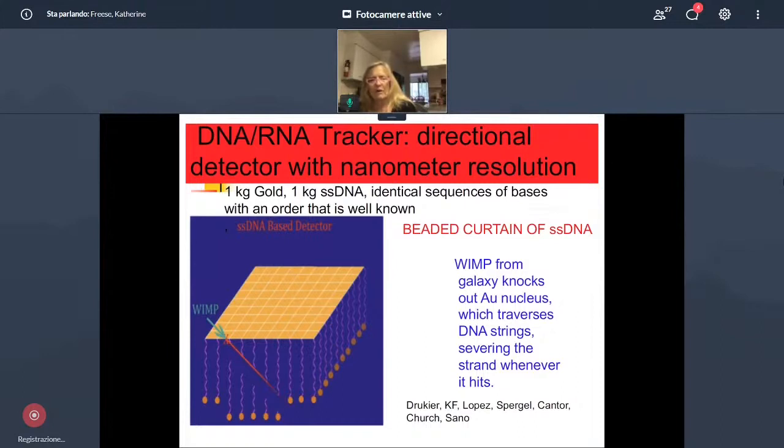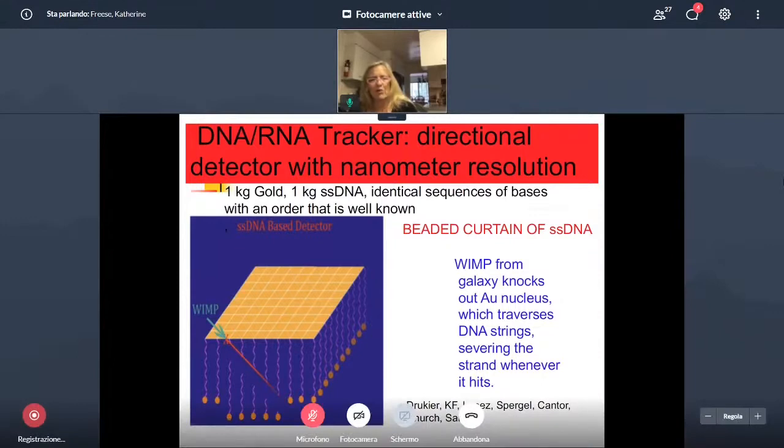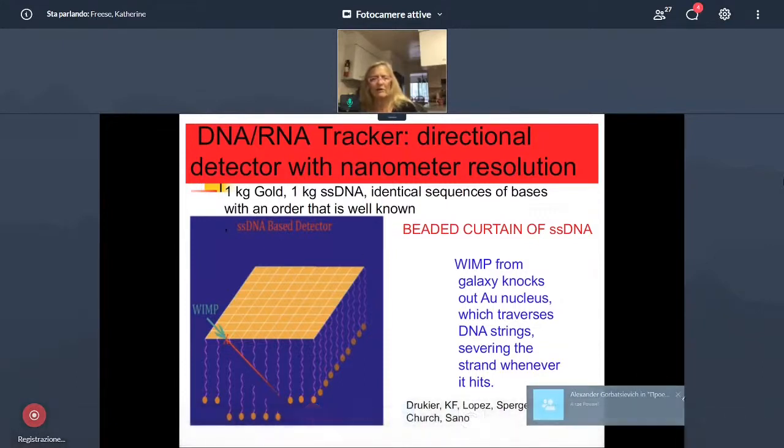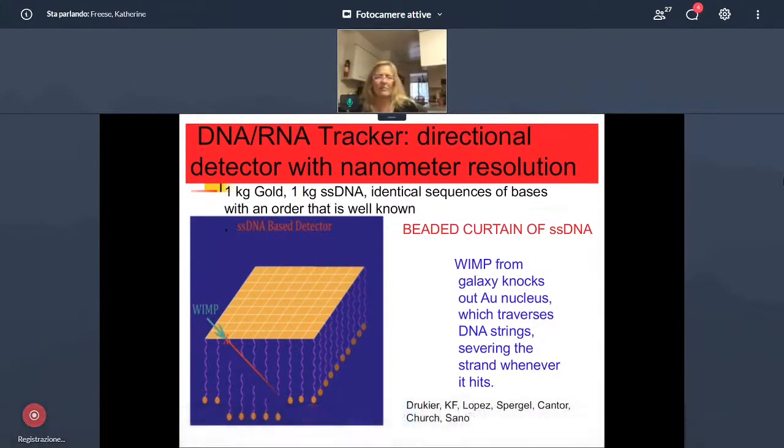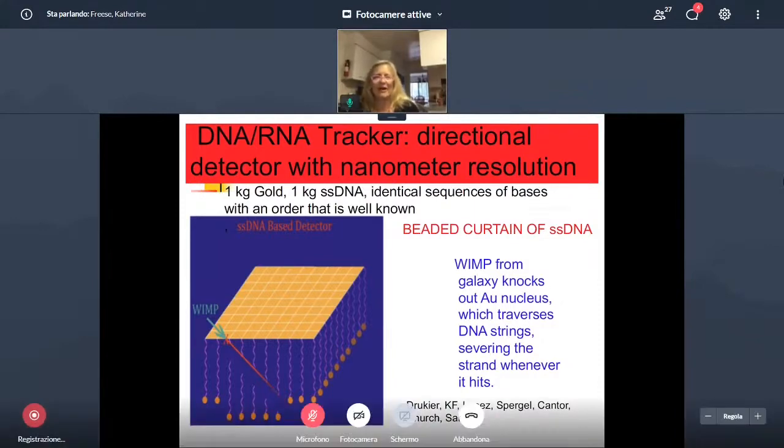You can replicate these broken strands and do gene sequencing and figure out where this track happened. So you can figure out the direction, and from that determine what direction the WIMP came from. George Church, the biologist, has some pieces of this in his freezer if we get a physicist interested in pursuing it further.